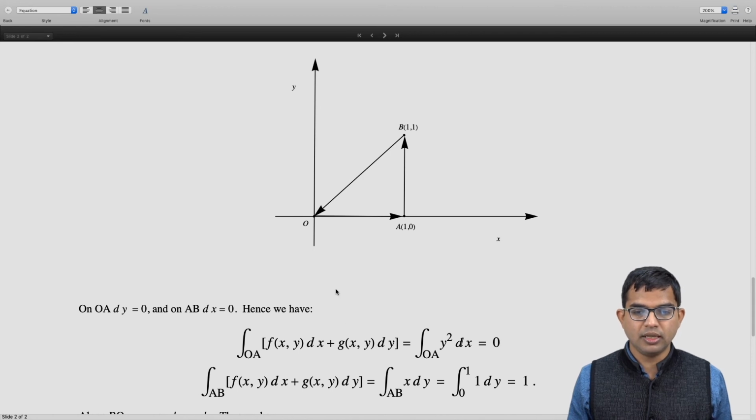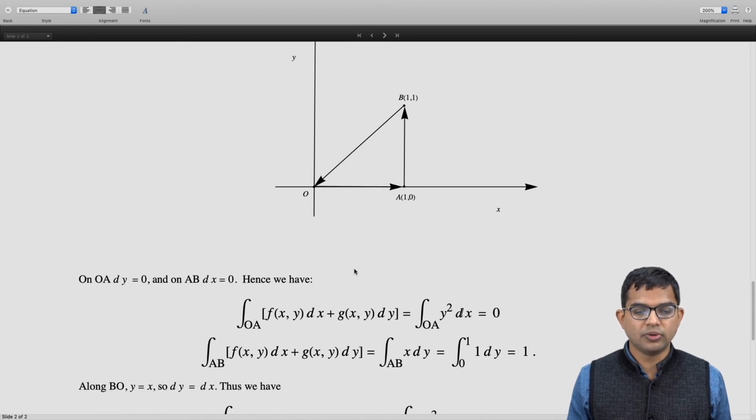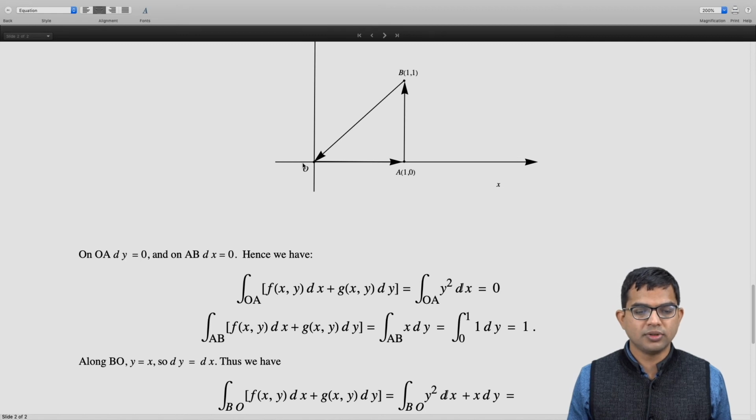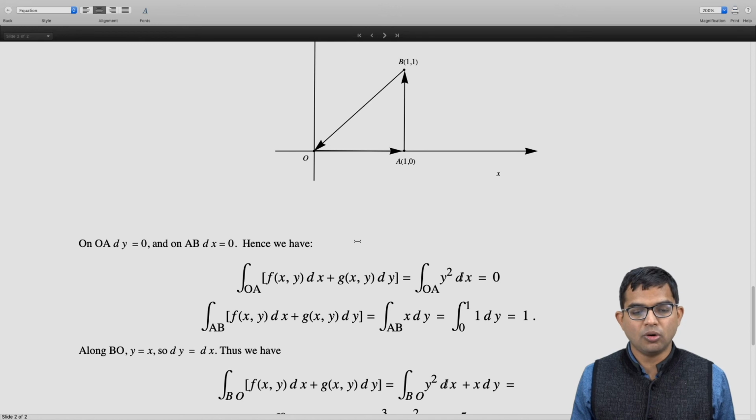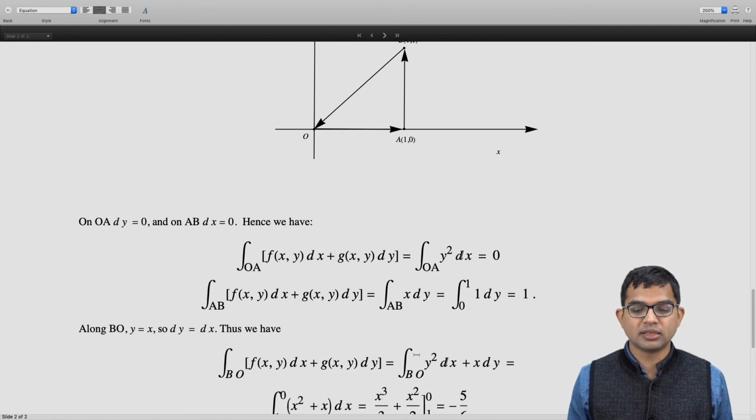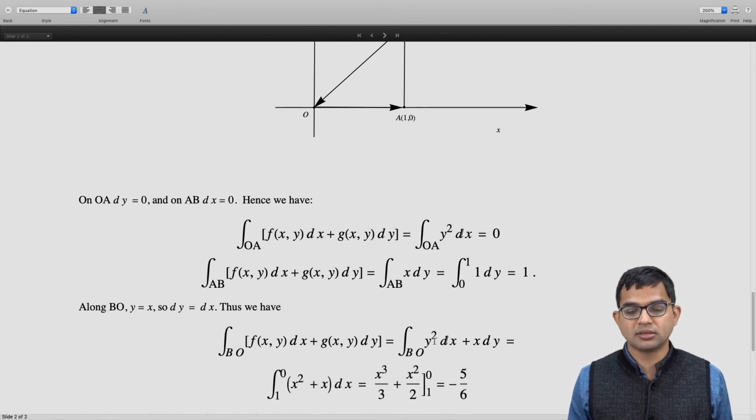So there is only this path B to O where we have to evaluate it. On this curve we see that y is equal to x, because it's from 1 comma 1 to the origin, just the straight line which is at an angle of 45 degrees to the x-axis. So the integral over BO of f dx plus g dy is y squared dx plus x dy, but y squared is nothing but x squared because y is equal to x along this path.